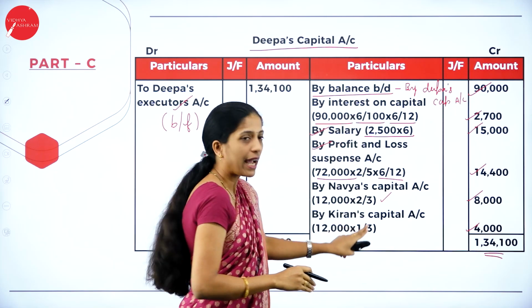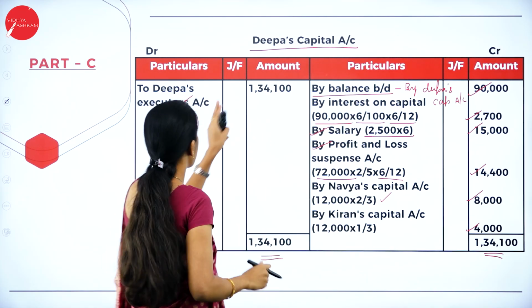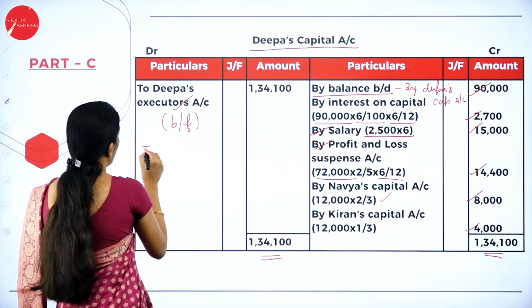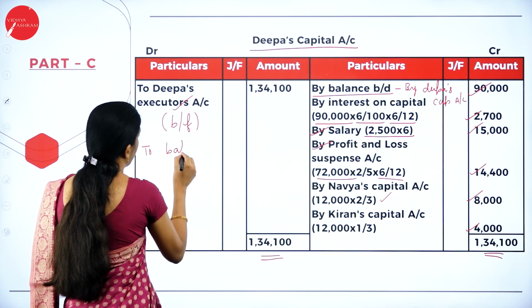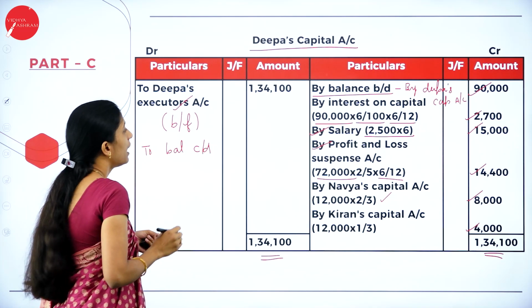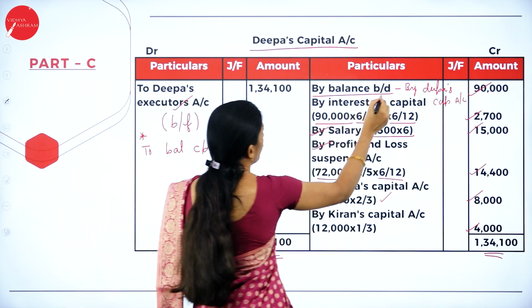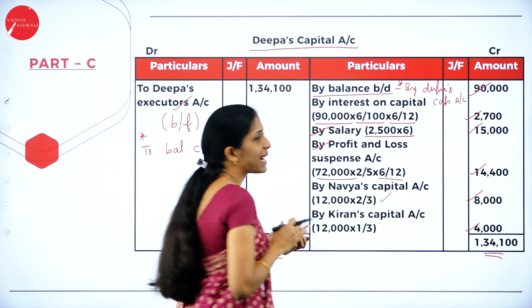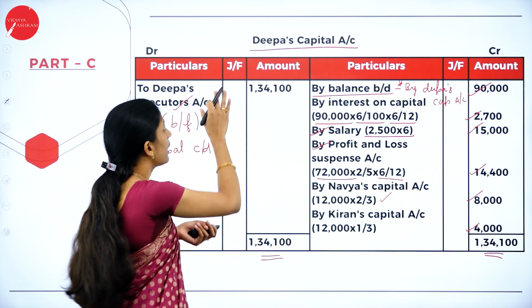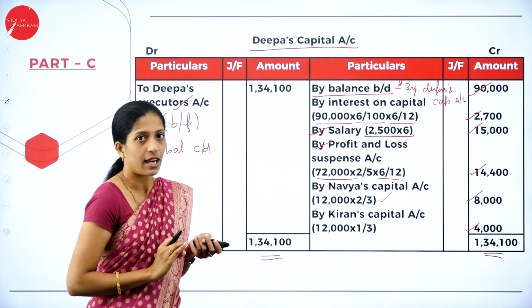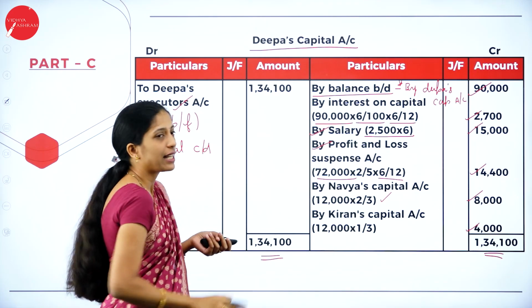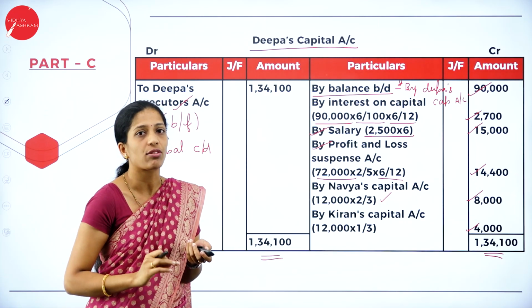Then calculate as it is, but the balancing figure, there you have to carry it down. To balance, carry it down. Other than that, no other changes. Same as it is, you have to calculate. So this is the main change you have to make when they ask Deepa's executor account. Okay, so hope you are clear with the 6 marks problem on death of a partner.